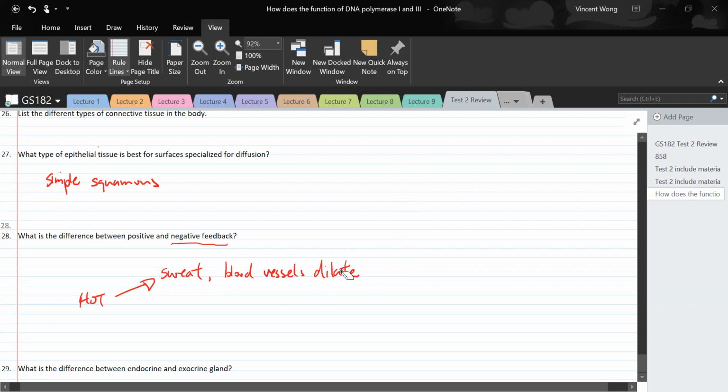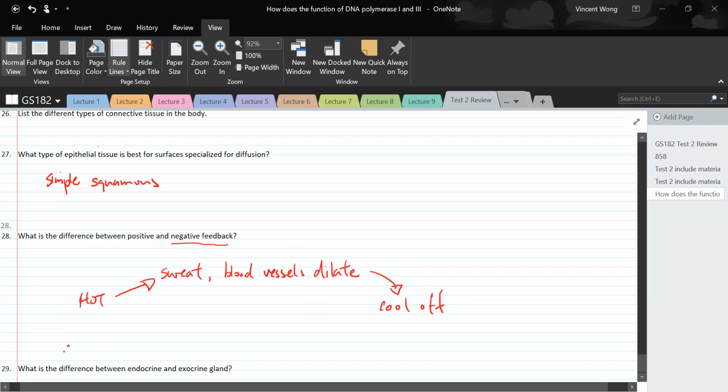And some other stuff that we're not going to talk about now. But the sweating and the blood vessel dilation will help you cool off, right? So what was the trigger? The trigger was too hot, and then a bunch of stuff happens, which leads to the opposite. That's called negative feedback.